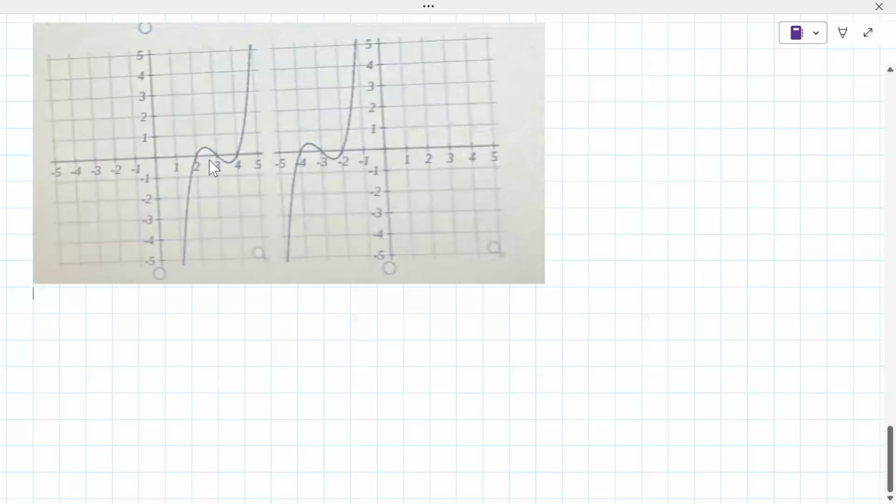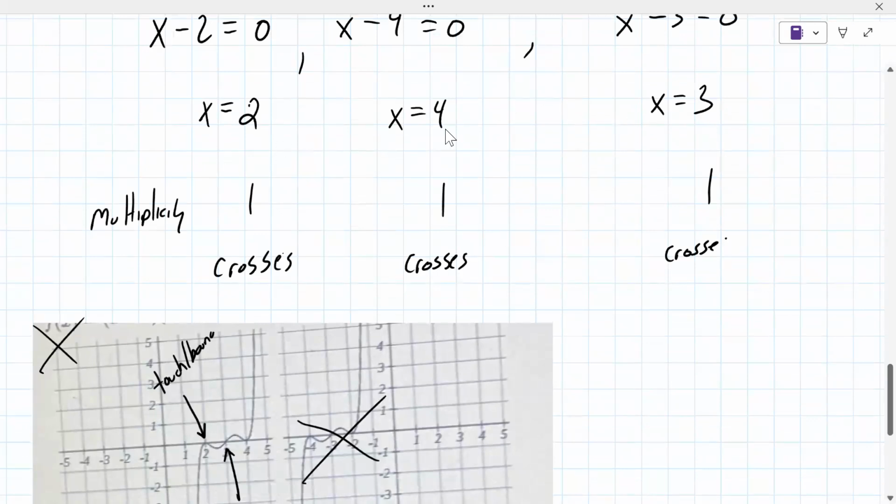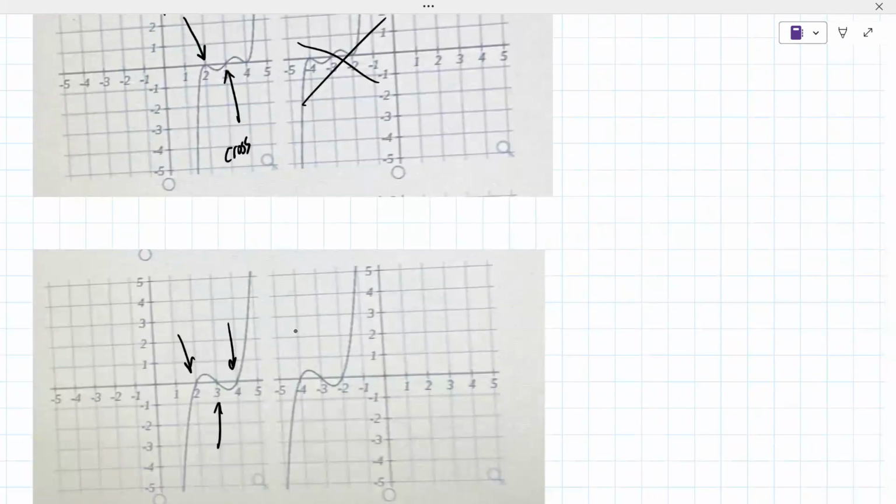Oh, it switches sides? Yeah, crosses. How about at 4? Is that a cross or a touch? That one is a cross as well. So it crosses at all 3 of these. Are we looking for something that crosses at all 3 of those x values? Yeah. Okay, so there's our answer.